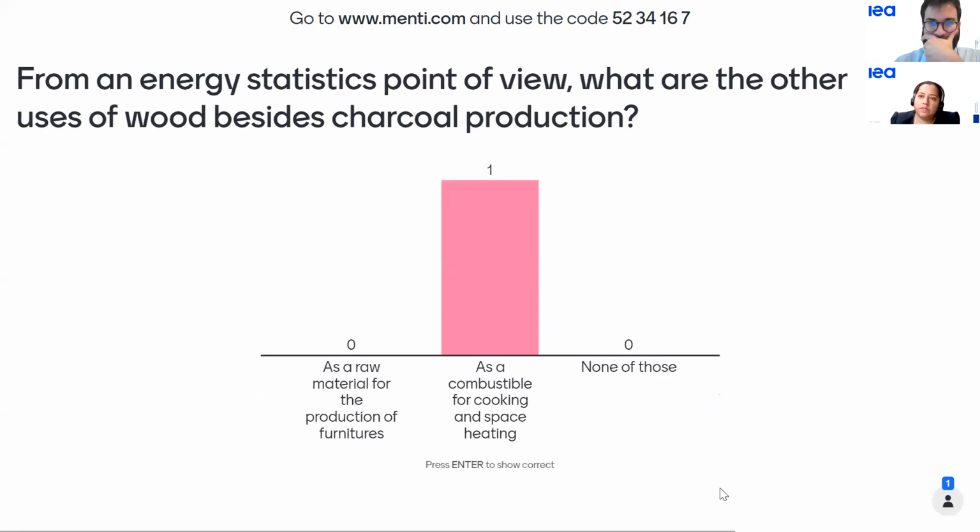Is it as raw material for the production of furniture, as a combustible for cooking and space heating, or none of those? What's important is, from an energy statistics point of view, how would you consume wood?